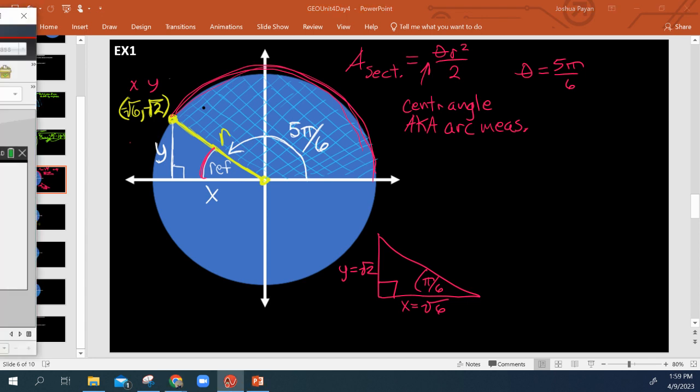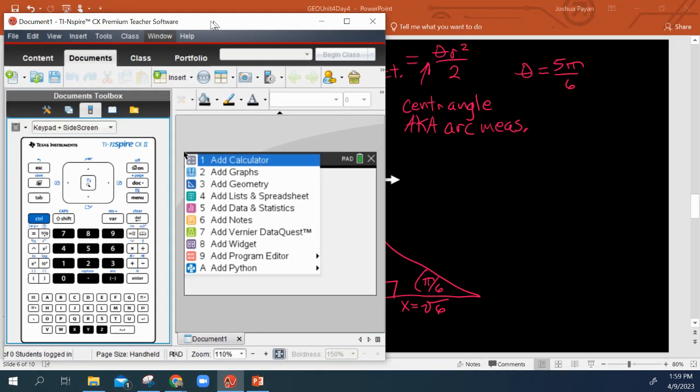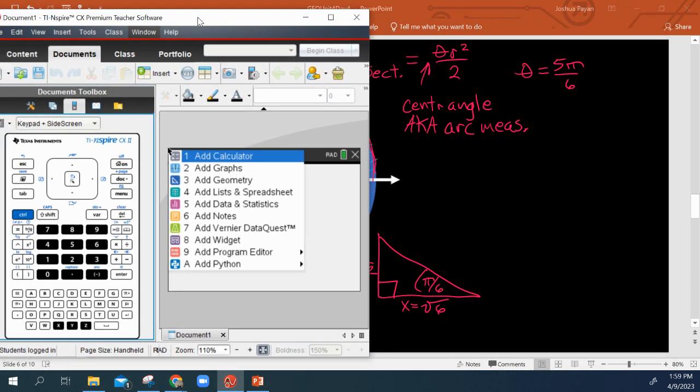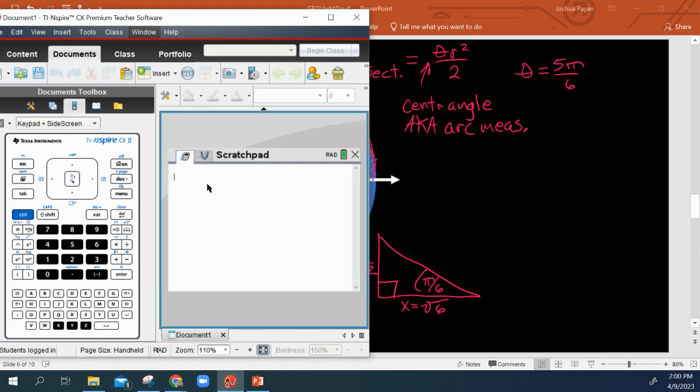If I do this in the calculator, let's say using the Pythagorean theorem, I'm going to go to the Scratchpad calculator. I'm going to say square root of 2 squared plus 6 squared, and we're going to take the square root of that.